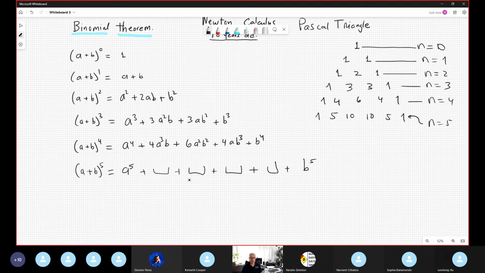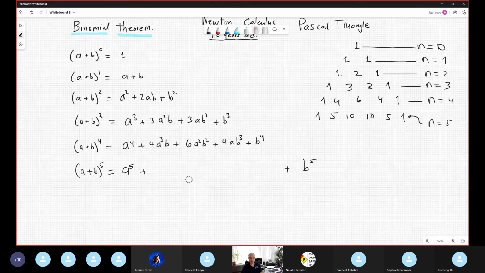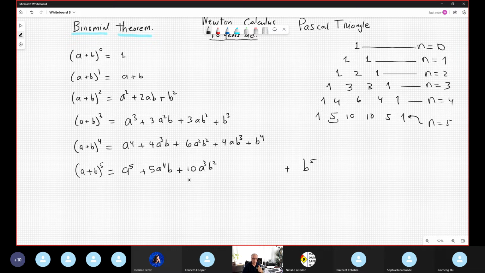So now I can do this term. This term is 5 what? a to the 4th, because the exponent of a is decreasing: 5, 4, 3, 2, 1, 0, no a. And b is increasing. Plus 10 a cubed b squared. Notice that the exponent of a is going down, 5, 4, 3, 2, 1, 0, and the exponent for b is going up, 1, 2, 3.